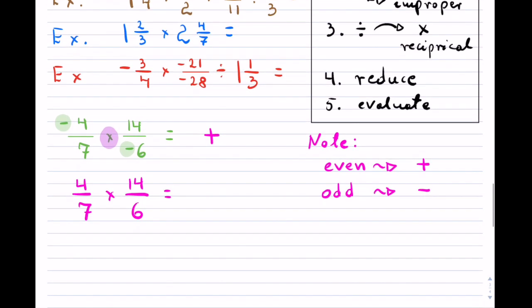Step two is I want to get rid of mixed numbers. There are none, so great. I'll move over to step number three. Are there any divisions? There are no divisions. Great. Let me move over to step number four, reduce.